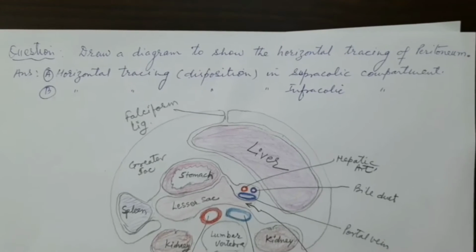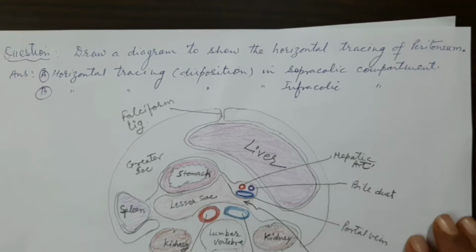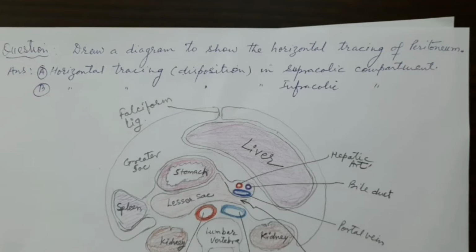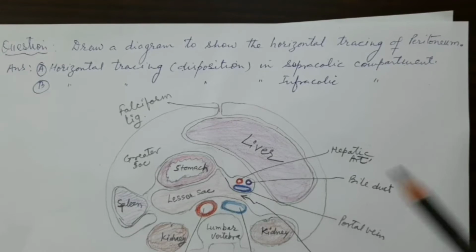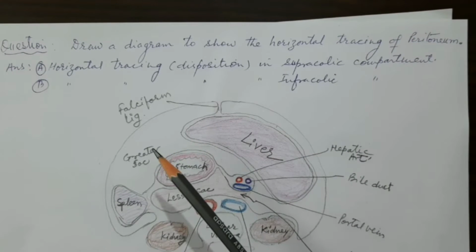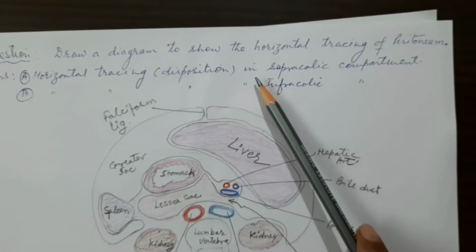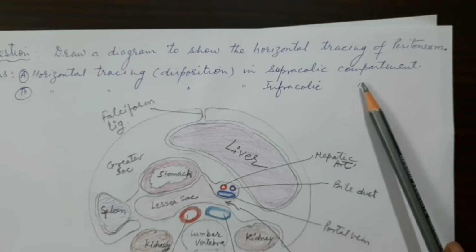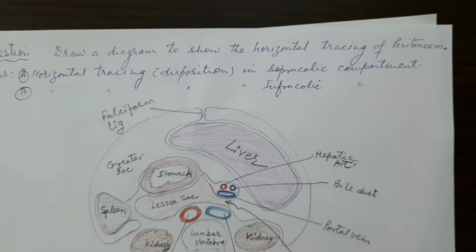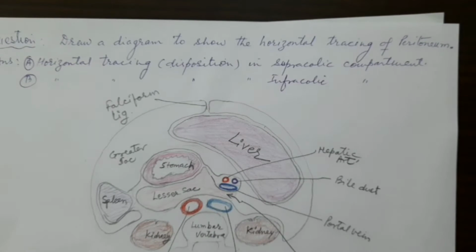This is a video in which we are going to learn the horizontal tracing of the peritoneum, and this horizontal tracing of peritoneum will be presented in two positions, or two levels. First level is horizontal tracing or disposition of the peritoneum in the supracolic compartment, the compartment which lies above the transverse colon.